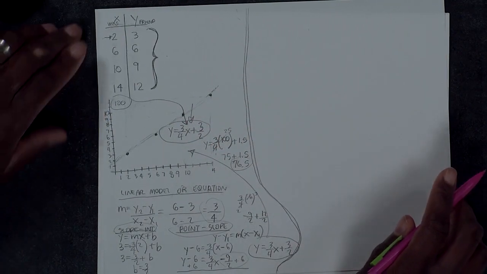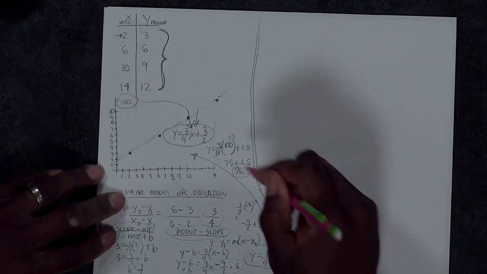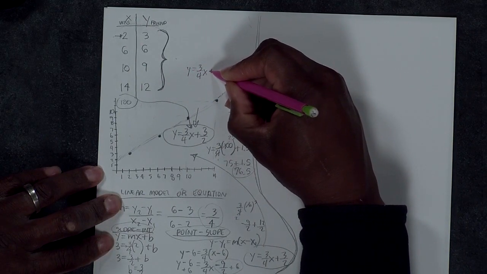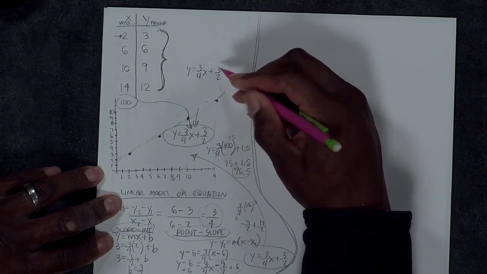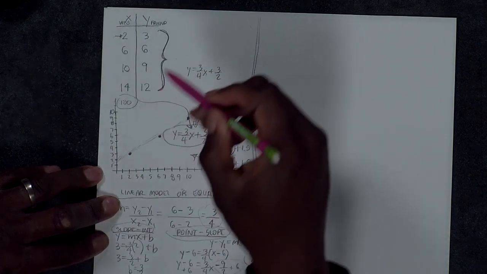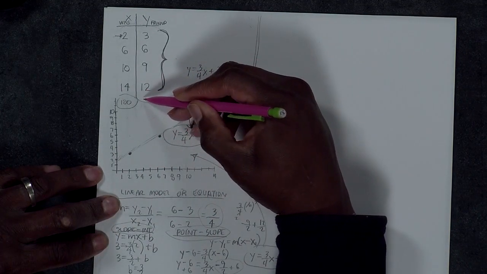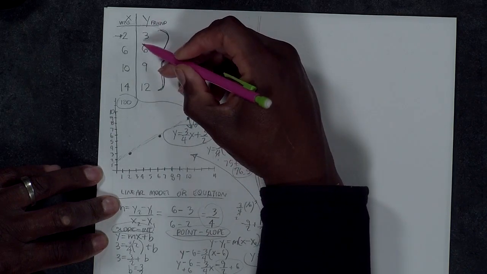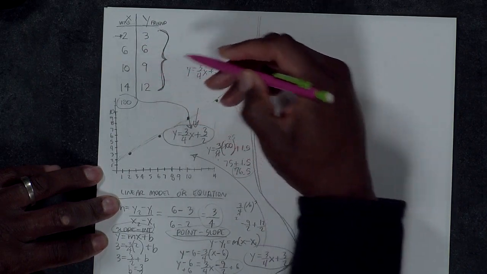You could also solve for x with this equation, y is equal to 3/4 x plus 3/2. If you had 1,000 friends, how many weeks would it take to get 1,000 friends, if you're continuing to grow in this way?